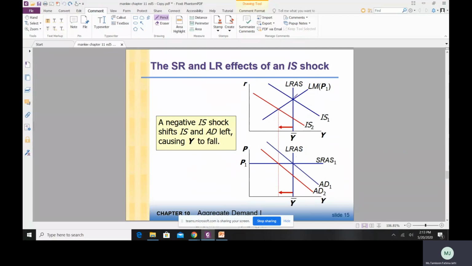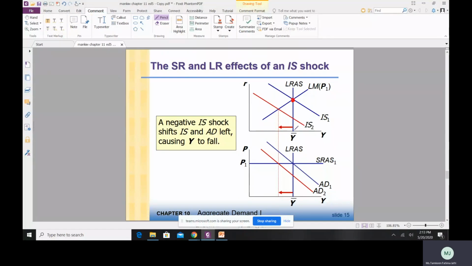हो क्या रहा है कि initial equilibrium is going to occur at this point. Okay, so you can see that इसको मैं initial equilibrium इसलिए कह रही हूँ because here my IS cuts the LM curve and इत्तेफाक ऐसा है कि the level of output that the economy is producing is equal to the full production level. That is why the long run aggregate supply curve can be positioned at this point.